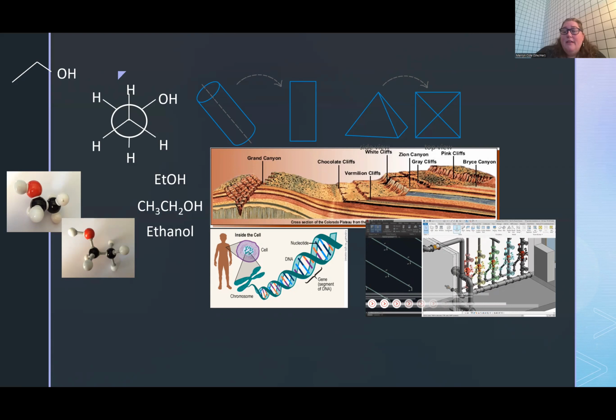Finally, here's an example from engineering where we regularly need to make two-dimensional or three-dimensional representations and often go between the two, and also understand how they not only relate to each other, but how they relate to objects in the real world as well.